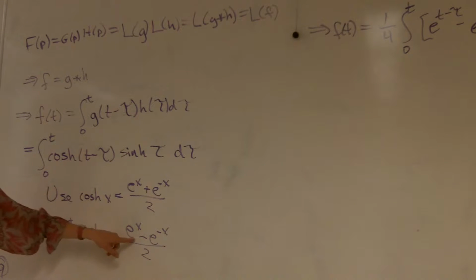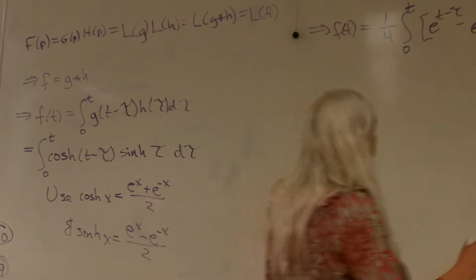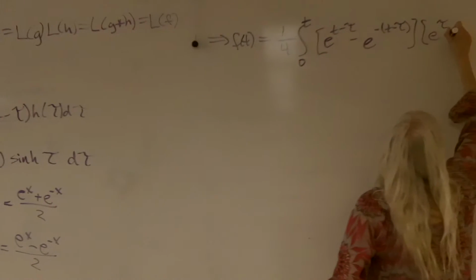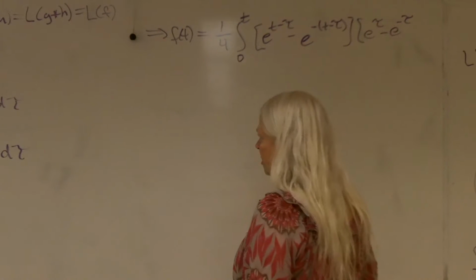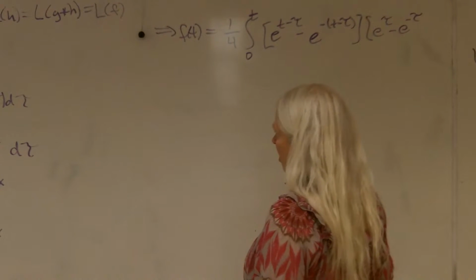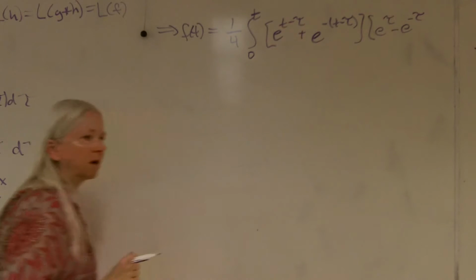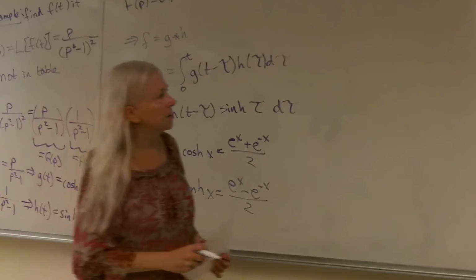And then for the sinh of tau, again, the 1/2 I pulled out in front. So we have an e to the tau minus e to the minus tau. And I think I just put in a wrong sign on one of them, didn't I? This one should be a plus sign because that's the cosh, right? Whereas the other one is a minus sign because it's the sinh.